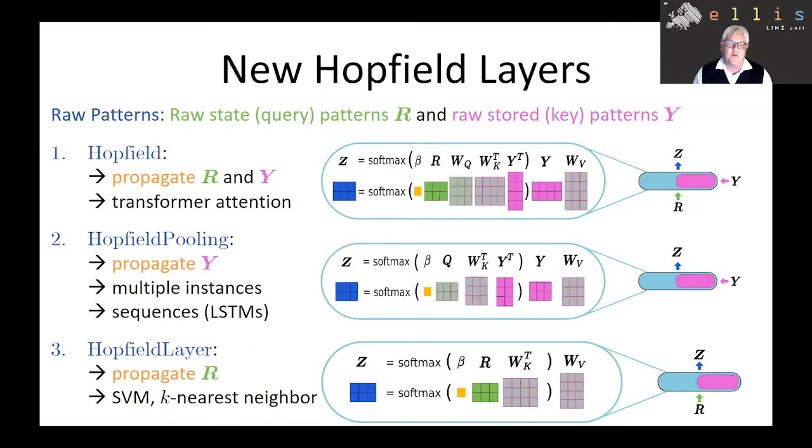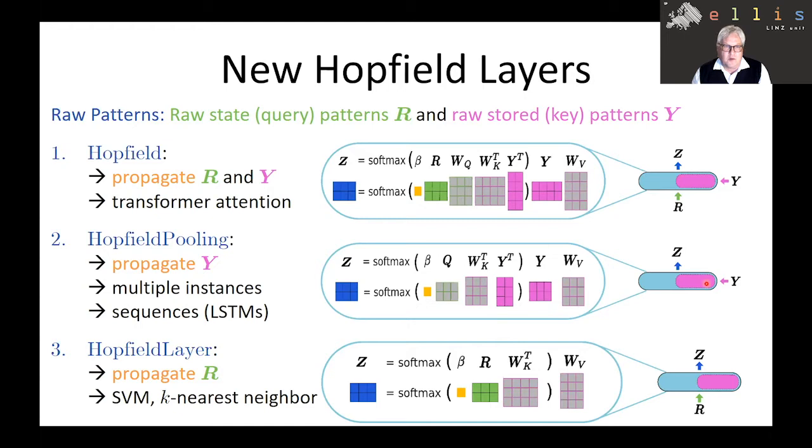And there's an overview here. The most natural thing is that the queries are here and the stored patterns come from previous layers. Therefore, you store some information from previous layers and the queries, all the information from previous layers, ask some memory. But you can do differently.